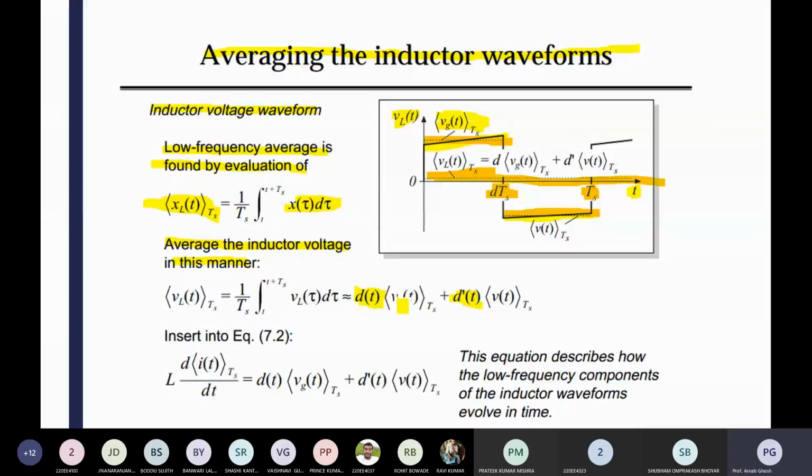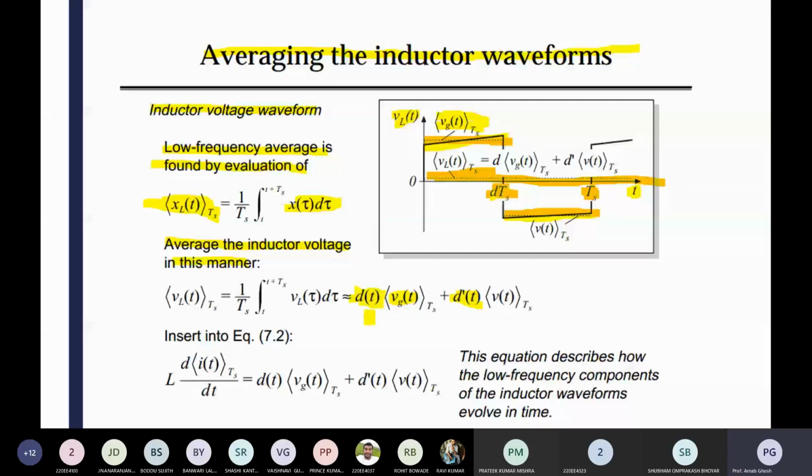So in the on time condition, what value are you getting? You are getting the input voltage, Vg(t). So what is the average value of VL? VL equals to d(t), when the switch is on. Small d is a function of t, that's why it is written like that.